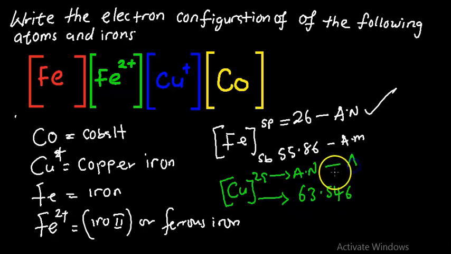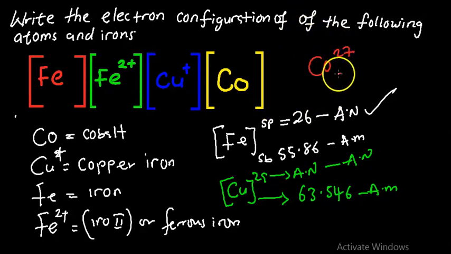This is the atomic number, and this is the atomic mass. What about cobalt? On our periodic table, cobalt, which is Co, has 27 in the superscript and 58.93 as the subscript. In this case, this is our atomic number, and this is our atomic mass.